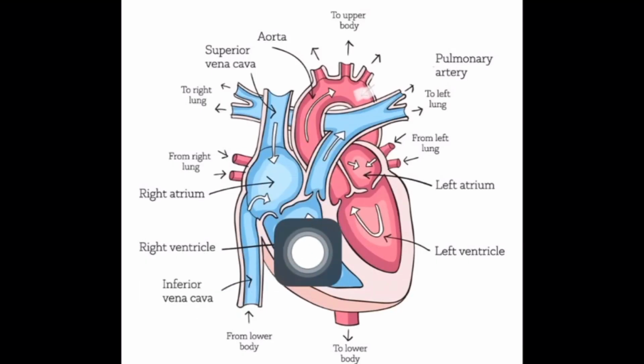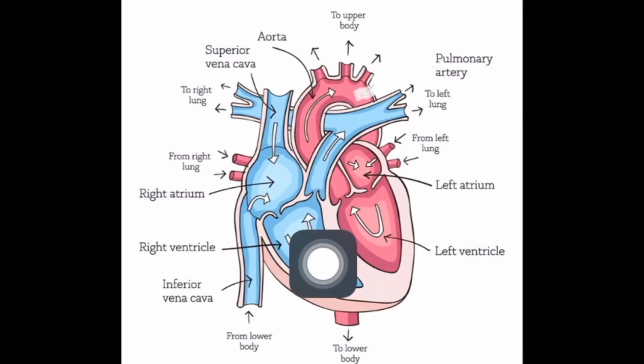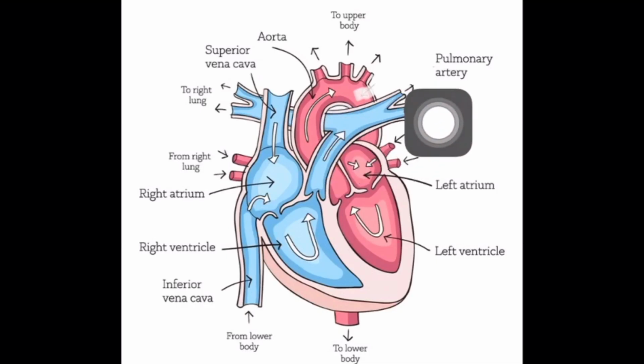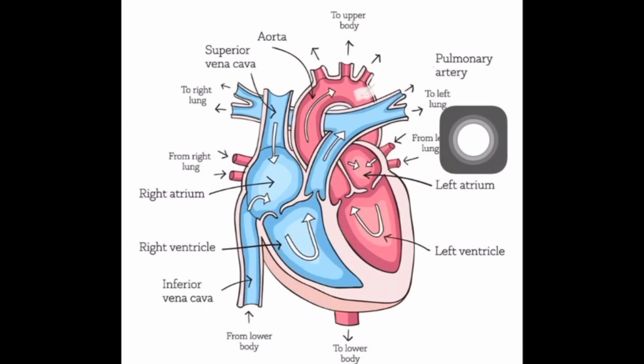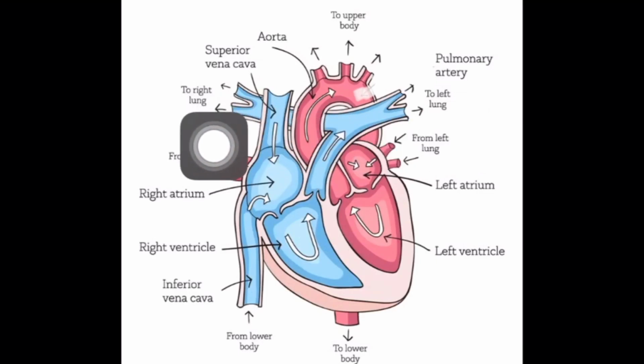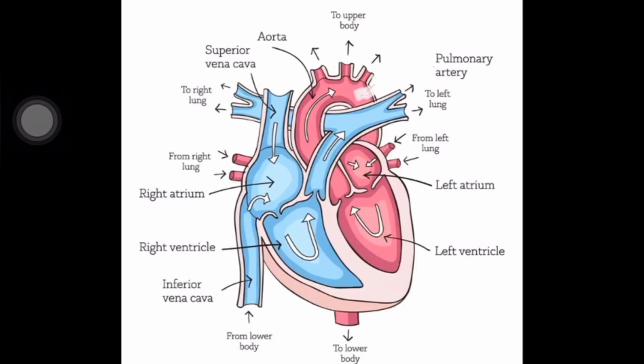From the right ventricle, through the pulmonary valve, the blood goes to the lungs along the pulmonary artery. From one side the blood goes to the left lung, and from the other side to the right lung. The lungs perform the purification of blood, that means the exchange of carbon dioxide and oxygen.